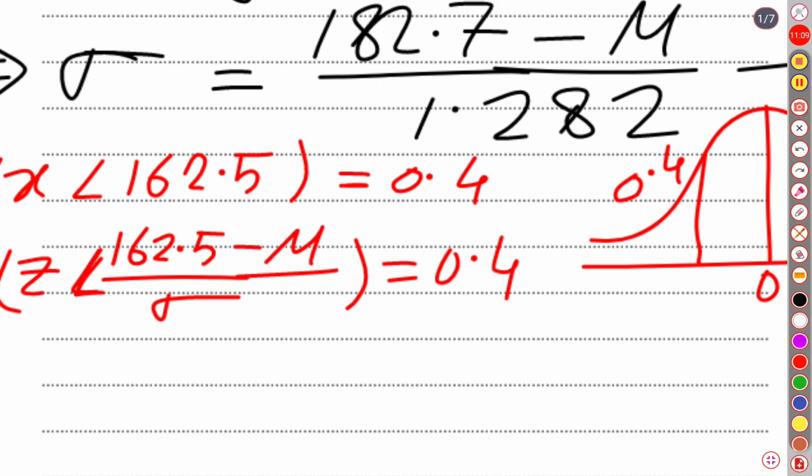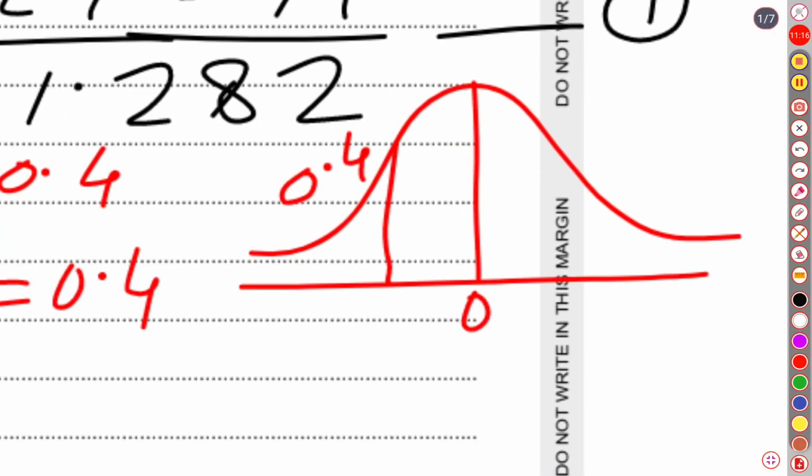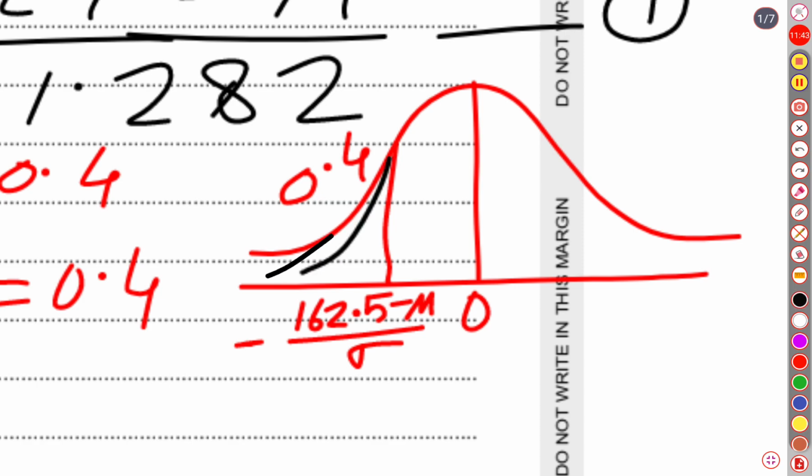And our z score is 162.5 minus mu over standard deviation. Will we be surprised if it is negative? As this is lying on the left side of the origin or mean line, definitely it is negative, isn't it? And our probability for this corresponding z score is 0.4.